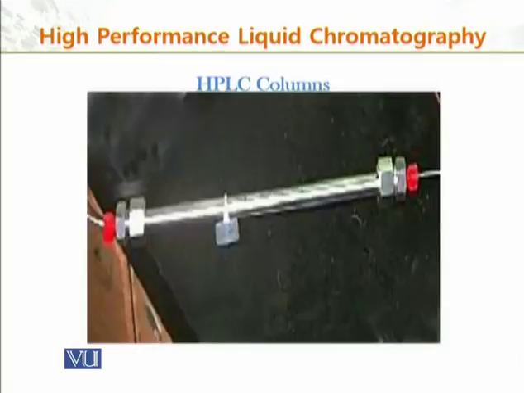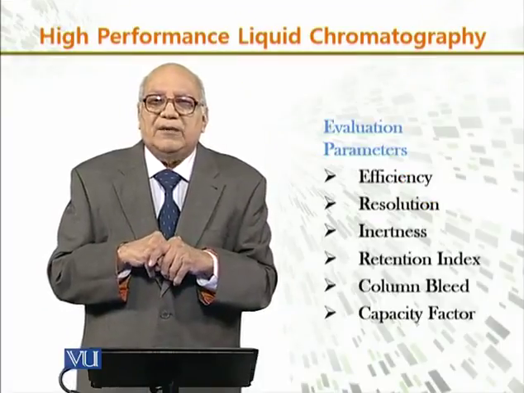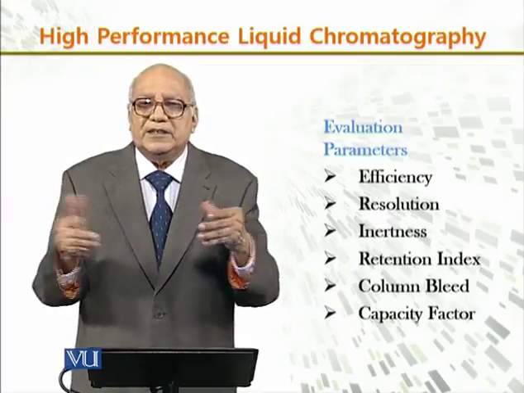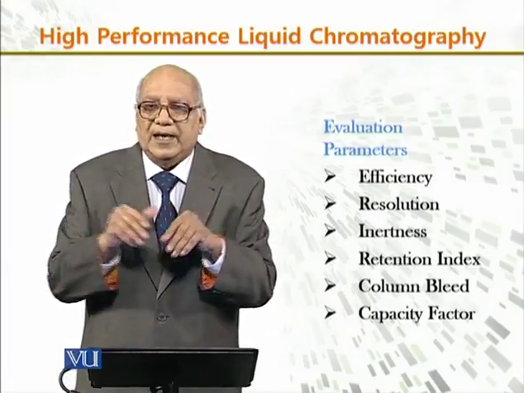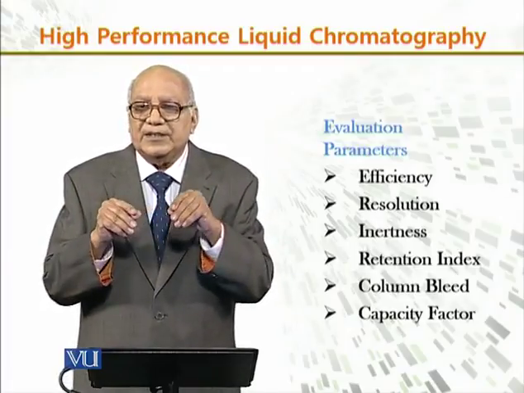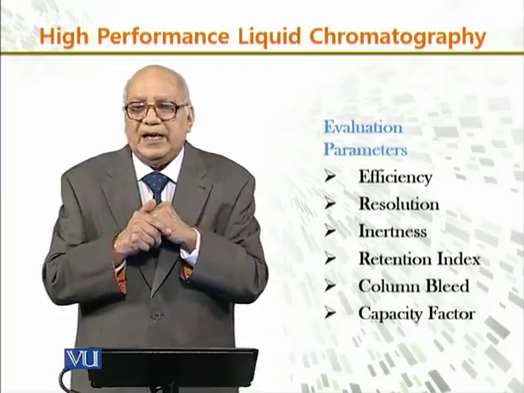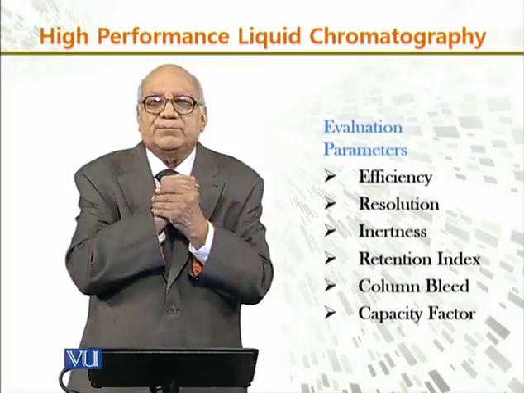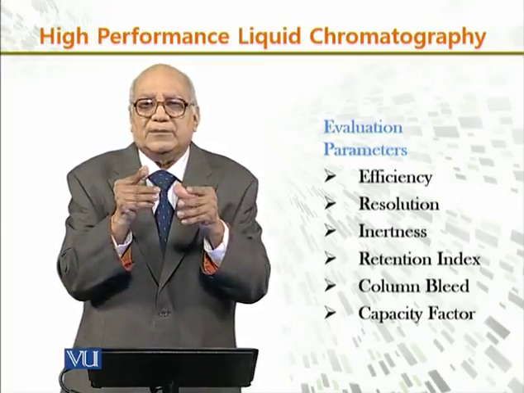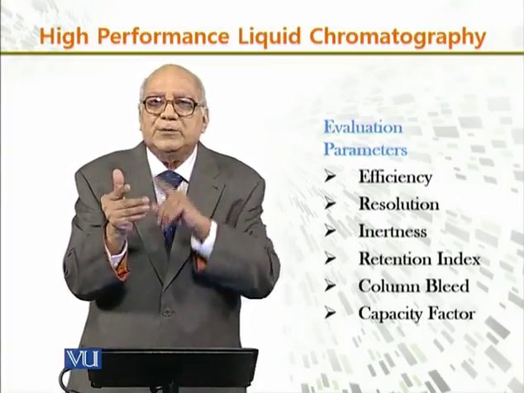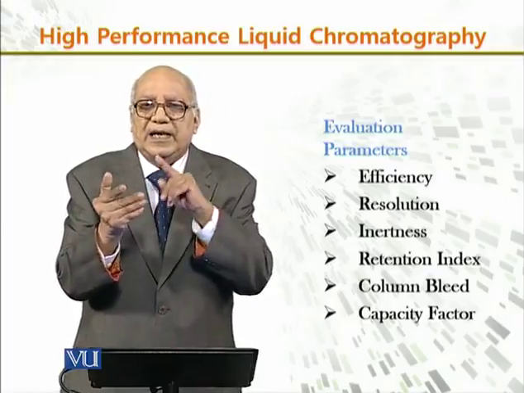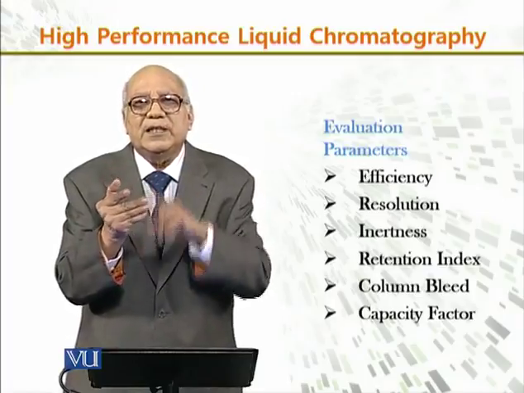This is an HPLC column, how it usually looks, and the evaluation parameters are efficiency, resolution, and then inertness, retention index, column bleed, and capacity factor. These are, as a matter of fact, the evaluation parameters for a column. It should be efficient, it should be capable of giving reasonable resolution, and it should also be inert.